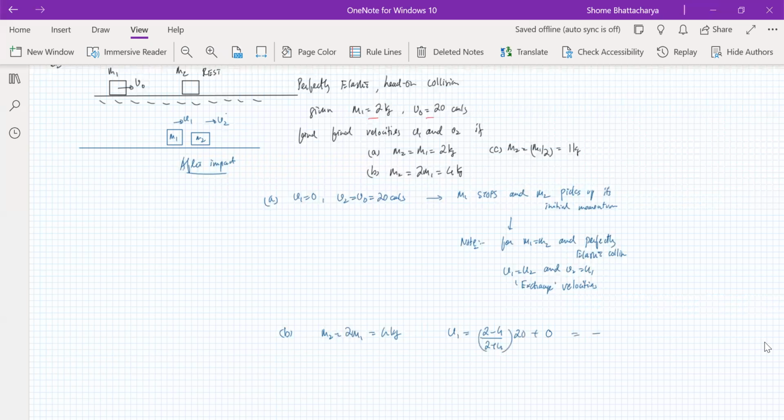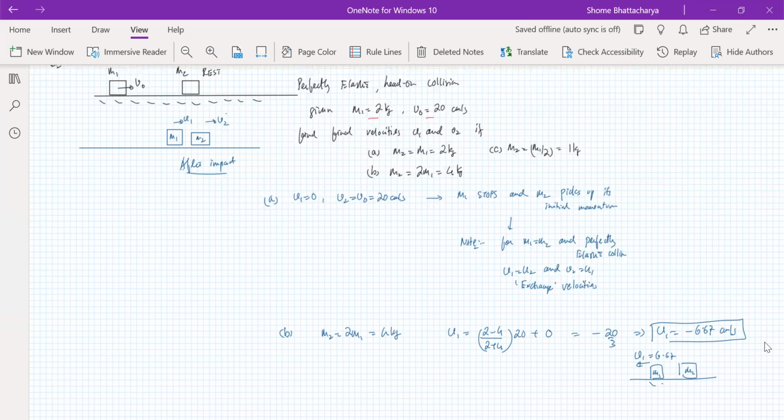That will give you minus 20 by 3, or V1 as minus 6.67 centimeters per second. The negative sign shows you that M1 will actually be recoiling after impact. It will be coming backwards.